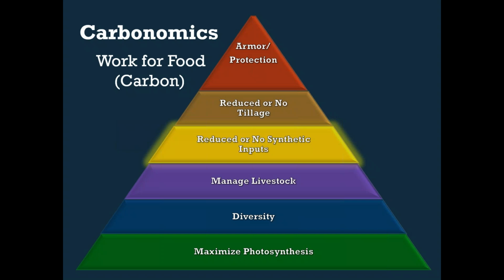And when we put too many inputs into the system, one of the things that we're doing is we can make the system a little bit more lazy. It's not going to be having to do as much exercise or as much work, because now we've provided the fertility that normally we would want the plant to do a little bit of work to get from the biology that's in the soil and from that soil environment.